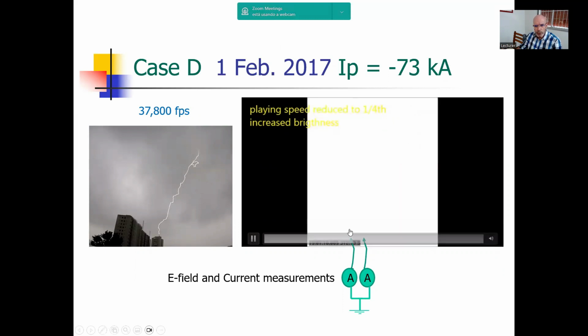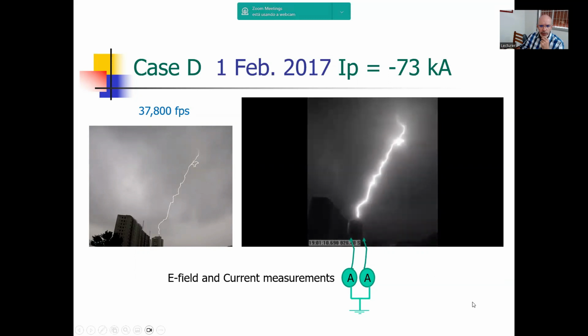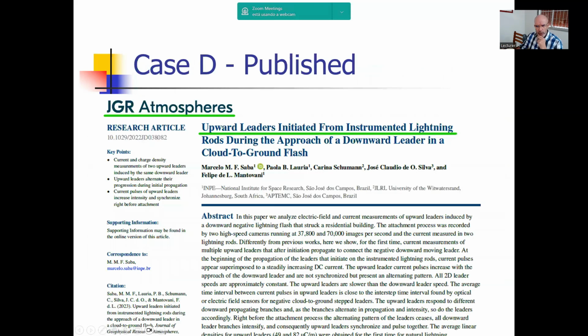So we managed to record not only the speed and the length of these upward connecting leaders, but also the current involved and also the electric field. This is already published too in JGR, upward leaders initiation from instrumented lightning rods. This paper is very recent. It was published in March this year.